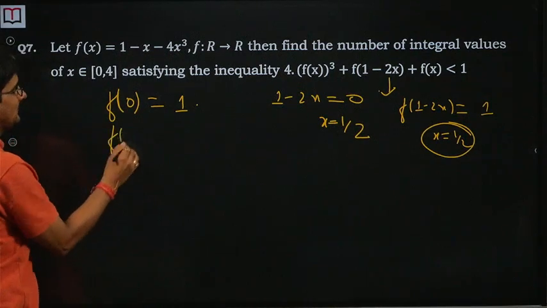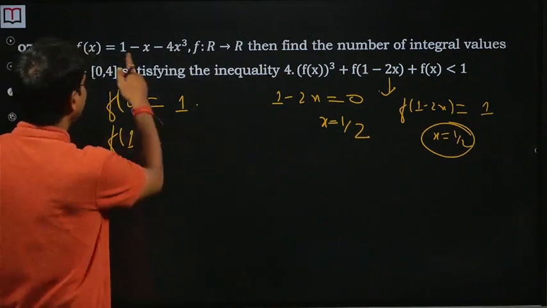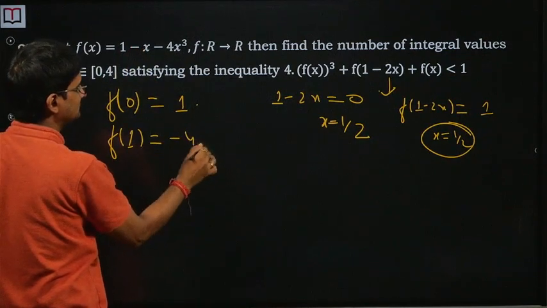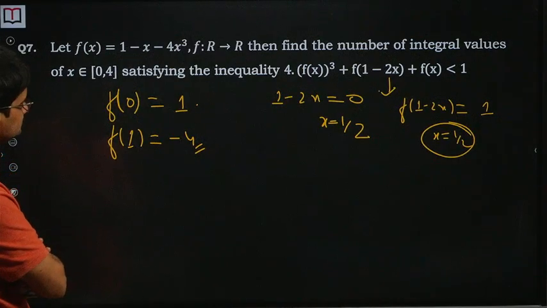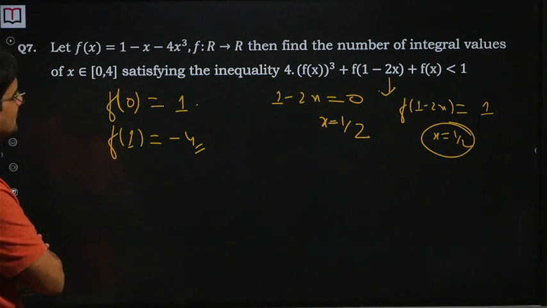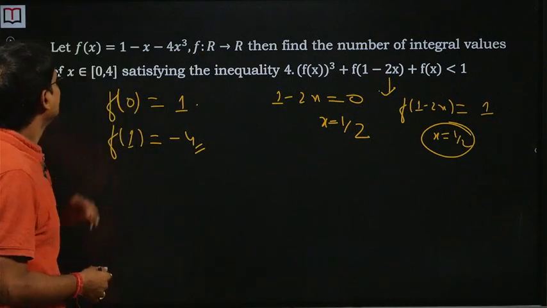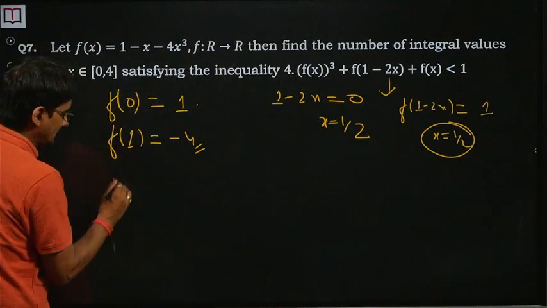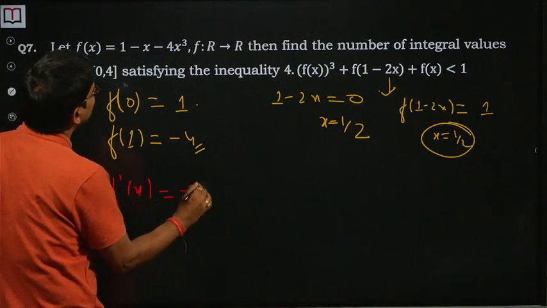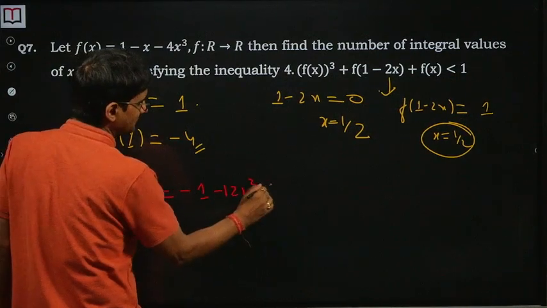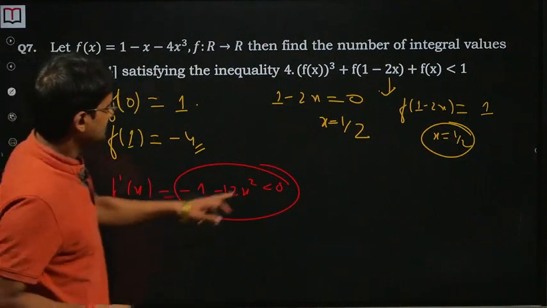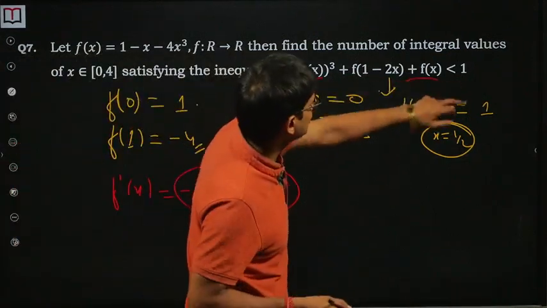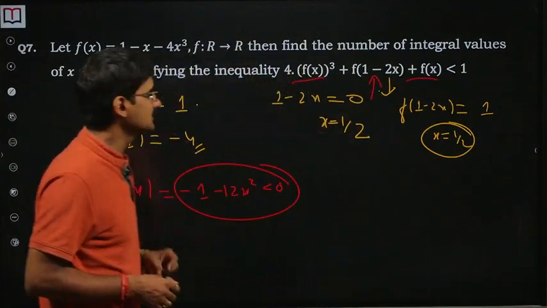And how much is the value of f(1)? f(1) is minus 4. The number of integral values satisfying the inequality, this. Okay, f dash x is also always decreasing. This is a decreasing function, this is a decreasing function, this is an increasing function.